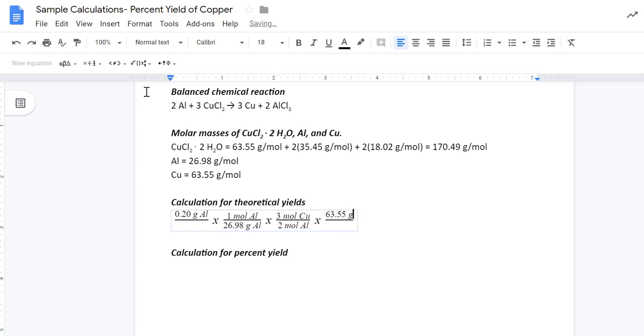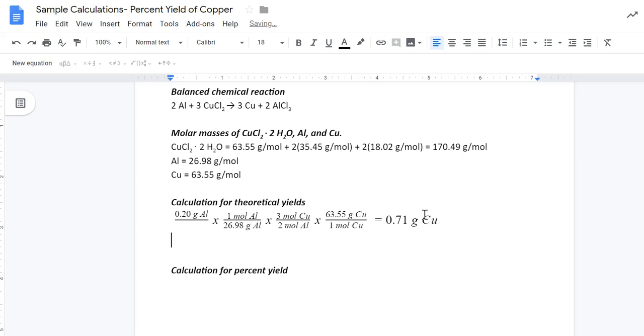So our last step is going to be multiplying by the molar mass. Our scales can measure to 2 decimal places, so I see that my given has 2 significant figures. I'm going to round my answer to 2 significant figures, 0.71 grams of copper.